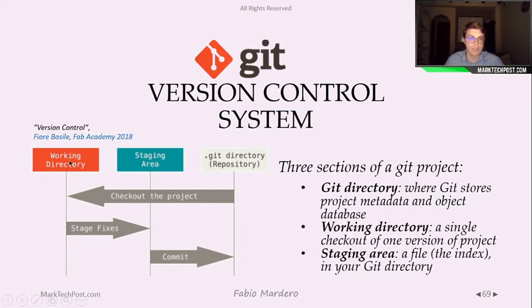So Git takes a snapshot here, but we are moving from left to right. From the working directory, we select some files that we move inside the staging area. In the staging area, we have the files we care about and that we want to version.